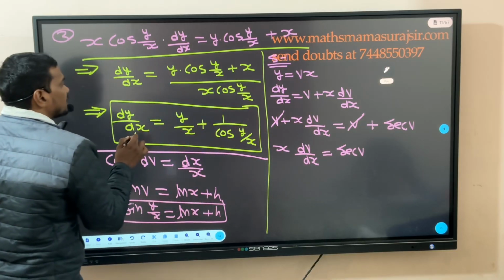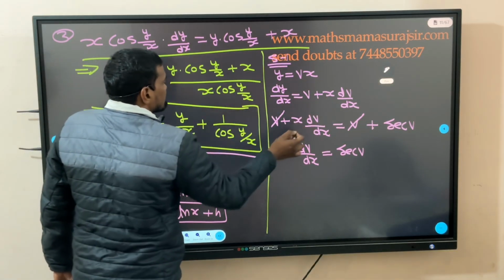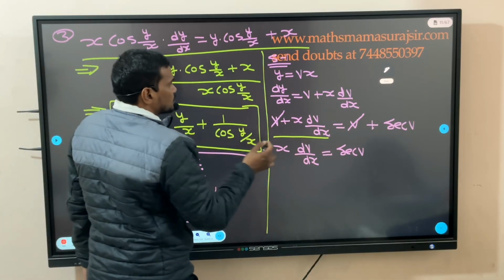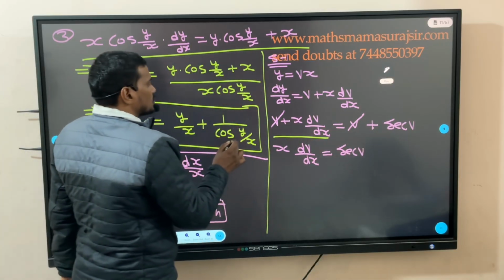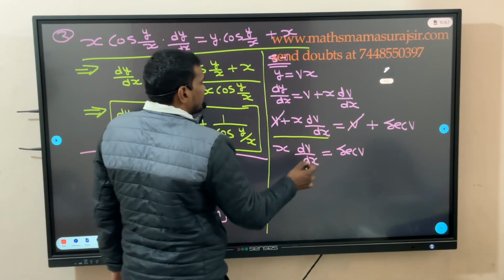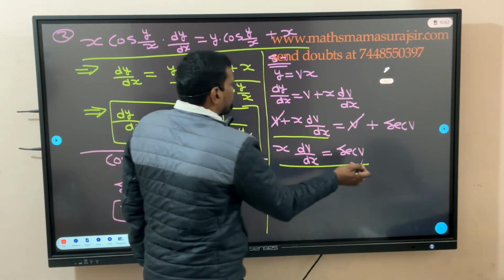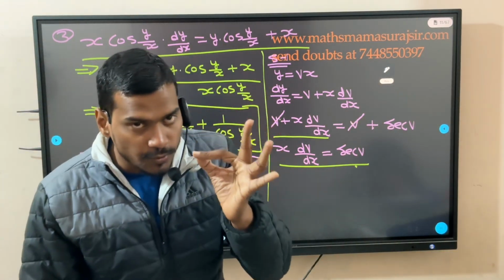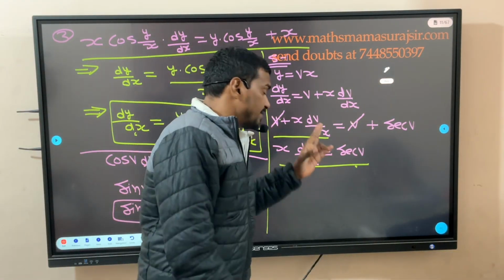So dy by dx value we are putting, v plus x dv by dx, and this side y by x, that is v, plus 1 by cos v, that is secant v. So v gets cancelled, x dv by dx equal to secant v. This is what we are getting. Now, guys, easily you can solve it using variable separable.